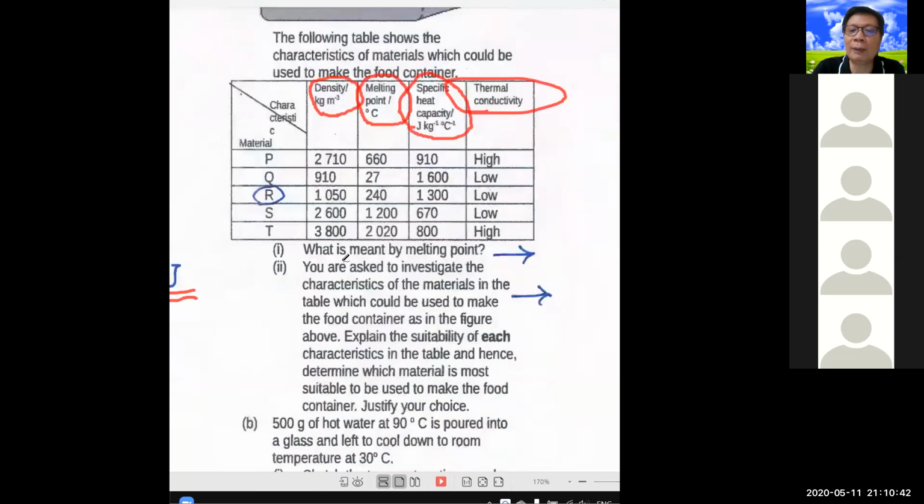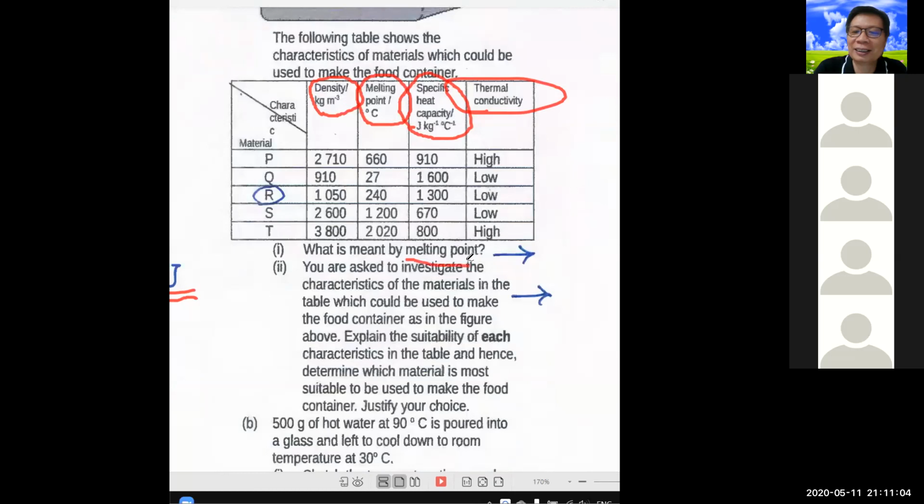Now, what is meant by melting point? How to answer it? Yao Ping Hao, are you there? Yes, sir. Can you try, what is the meaning of melting point?